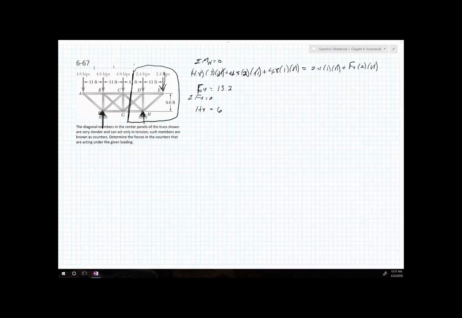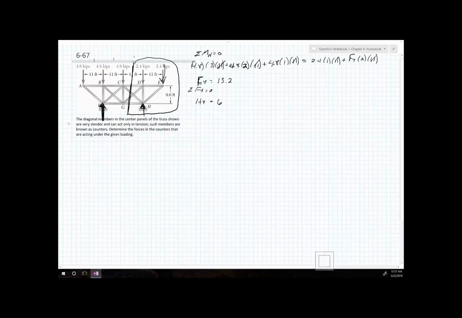So I'm going to replace this force right here with 13.2, and this force right here is 6.0.